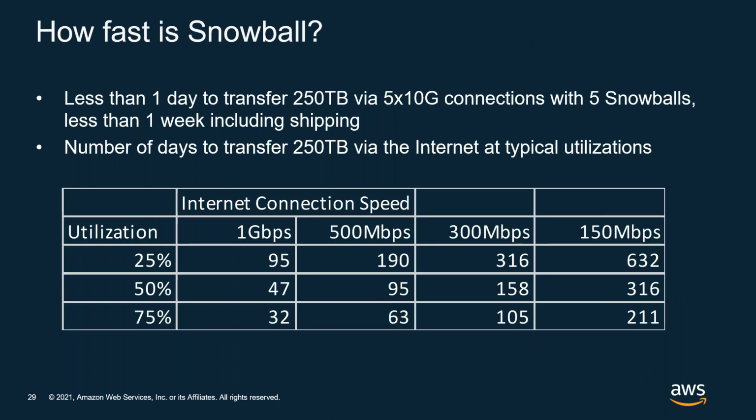Using multiple Snowball Edge devices to transfer 250 terabytes, in this example with 5 Snowballs, is going to take less than a week, including shipping. Whereas transferring 250 terabytes over the wire, depending on the speed and utilization, can take days, weeks, or even months. Look at 150 meg, for example. That's well over a year. So that's where Snowball is really nice.